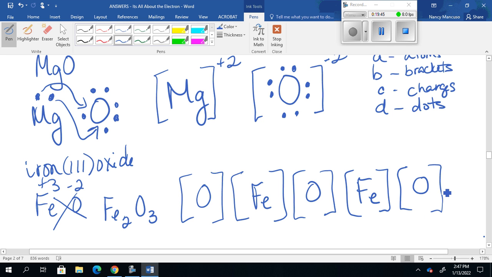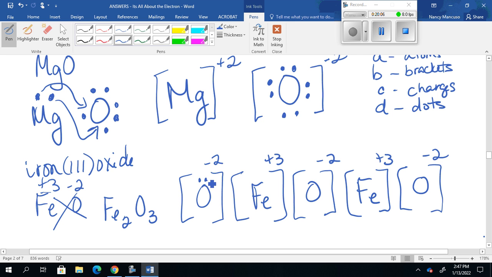B, give everybody brackets. C, give everybody charges. O's were -2s. Fe's are +3s. Make sure it adds up to 0. 3 and 3 is 6. -2, -2, -2 comes out to -6. So perfect. And then last thing are the dots.